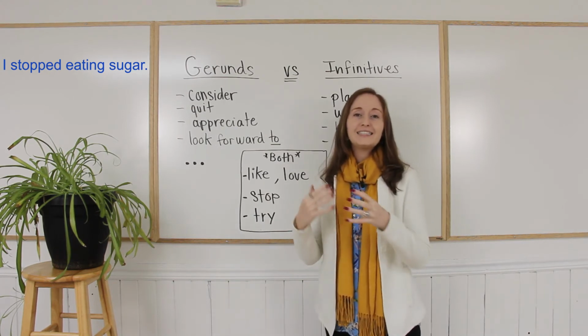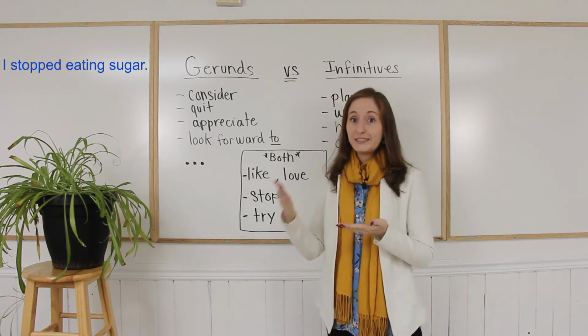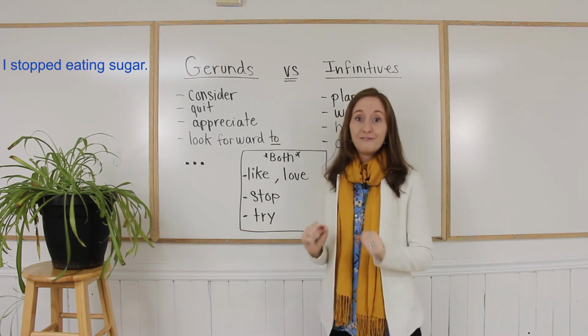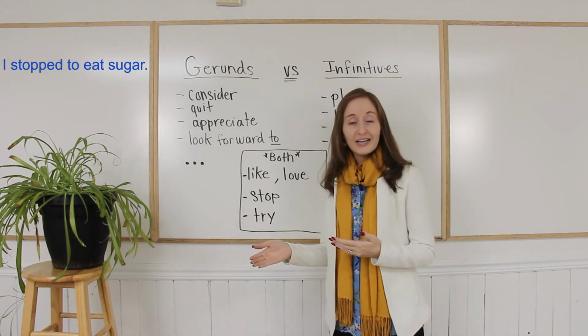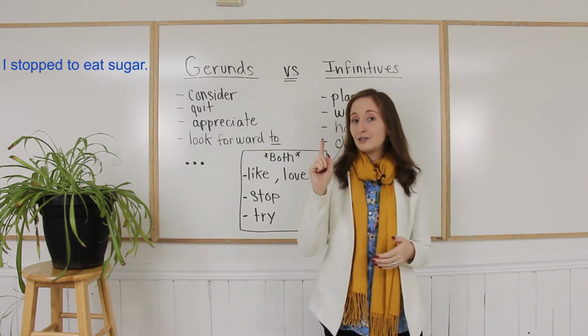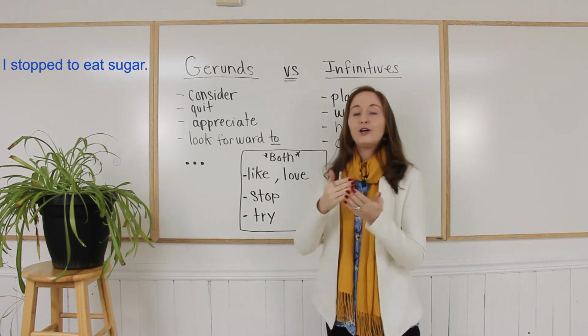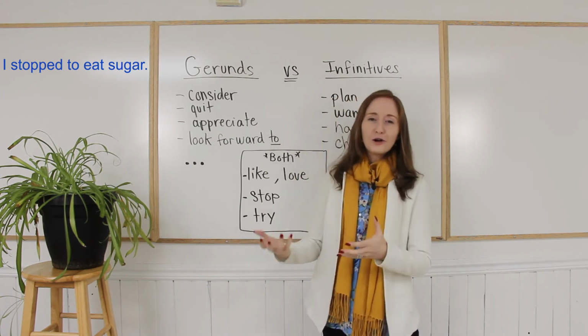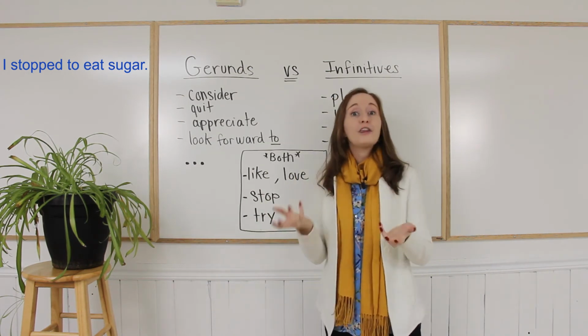So in this case, the gerund represents the action of eating. I stopped eating. So completely finished. If I say I stopped to eat sugar, this means that I stopped one time to do this action. I stopped to eat sugar. So I took a break and I had some chocolate or something with sugar.